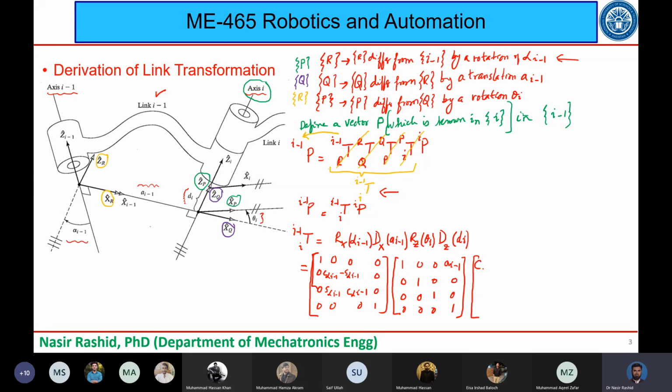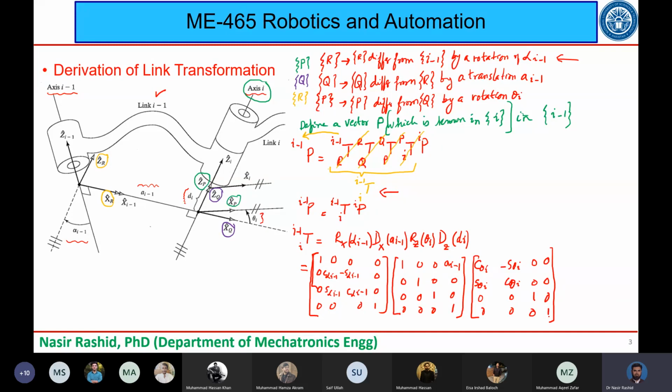It will be cos theta_i, minus sin theta_i, sin theta_i, cos theta_i, 0 0 1 0 0, and then since there is no translation, so this is all 0, 1 and 0 0 0. So this is my third transformation, which is actually the rotation about z by an angle theta_i.